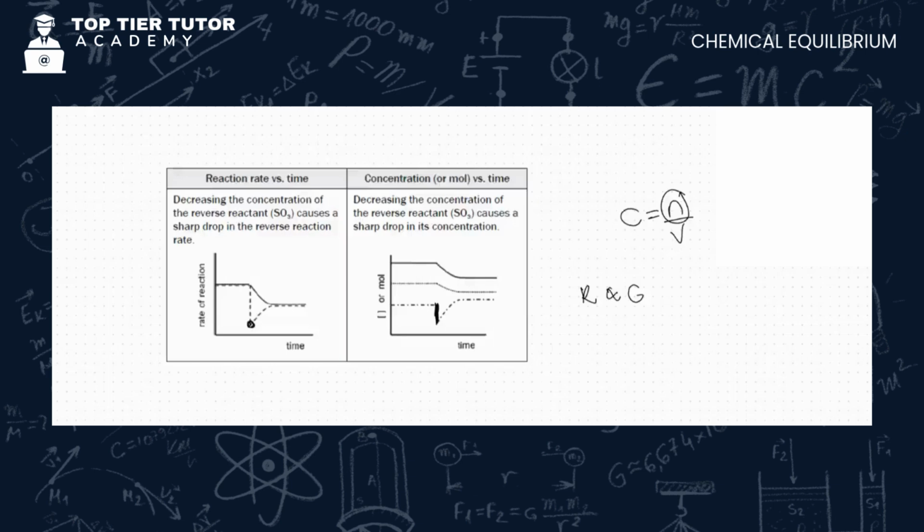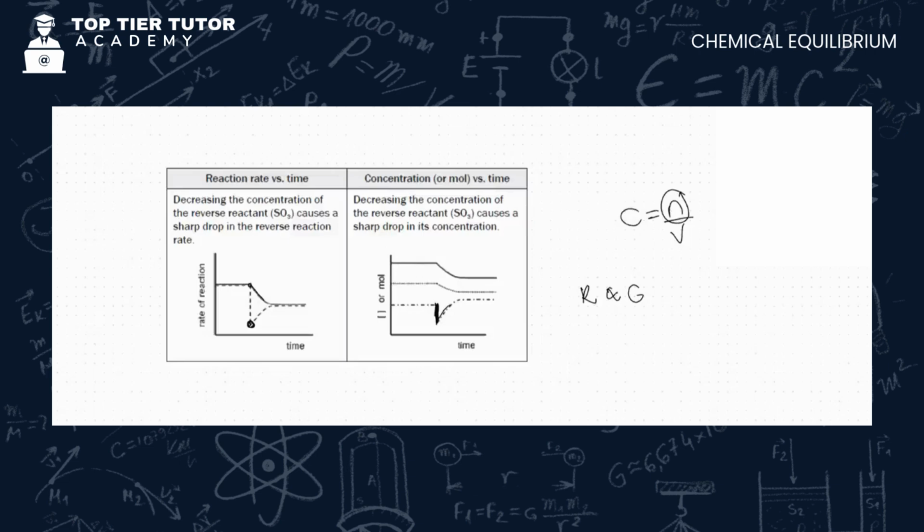Right. Now, according to Le Chatelier's principle, the system is trying to fight back by increasing the sulfur trioxide that we had, and it would do that by favoring your forward reaction. So you can see your forward reaction would start over again so that it can produce more sulfur trioxide.